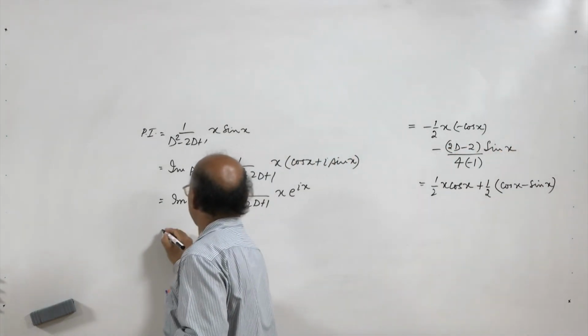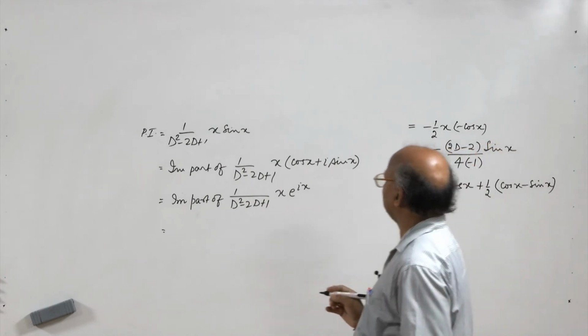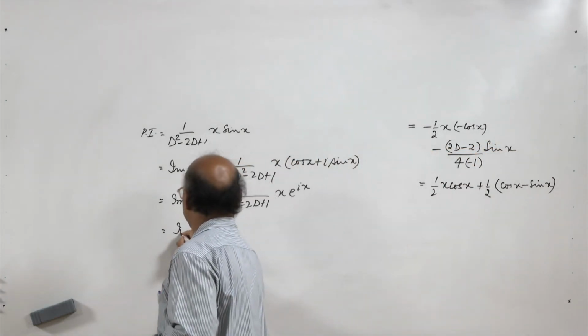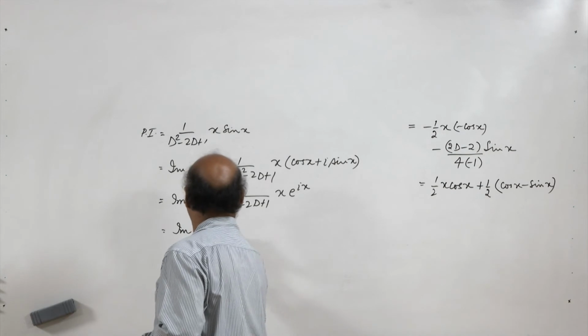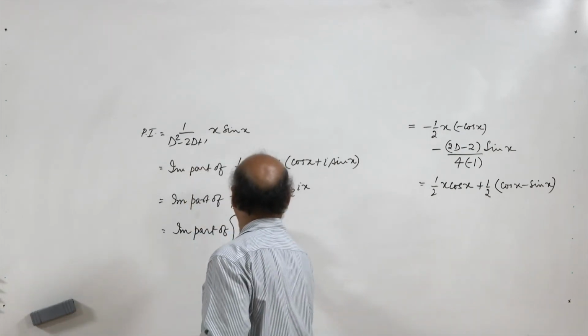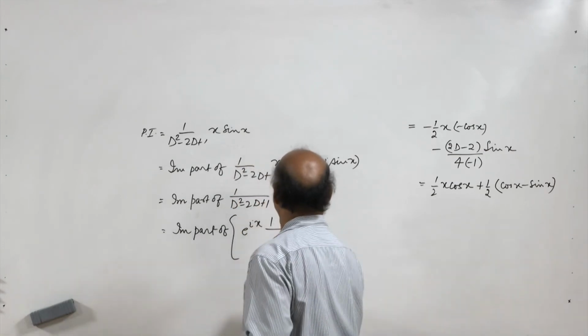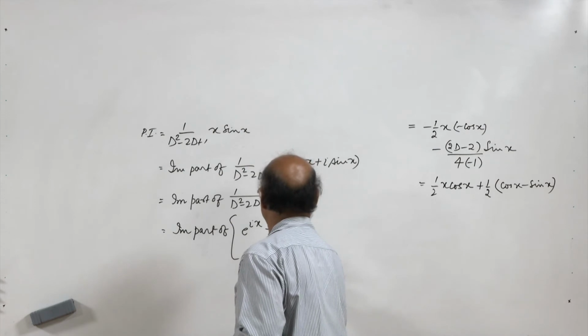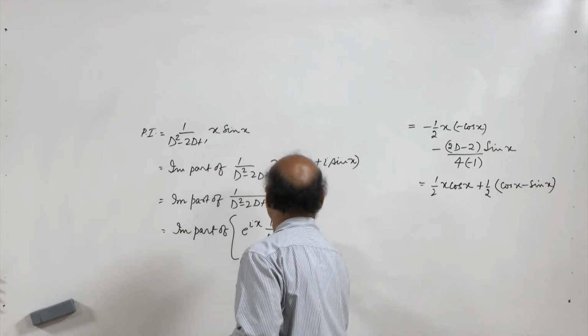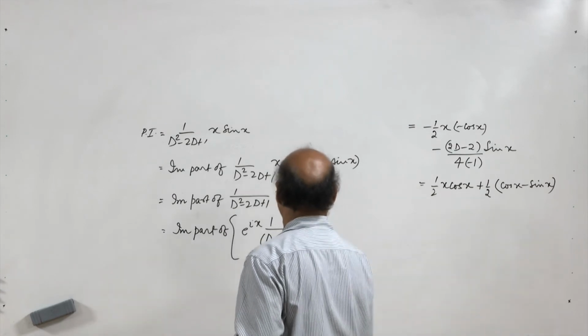Now, let us apply the formula 1 over f(D) operating on e to the power ax into V. So, that formula if we apply, we get this is D minus 1 whole square, D is replaced by D plus i. So, we get D plus i minus 1 whole square operating on x.